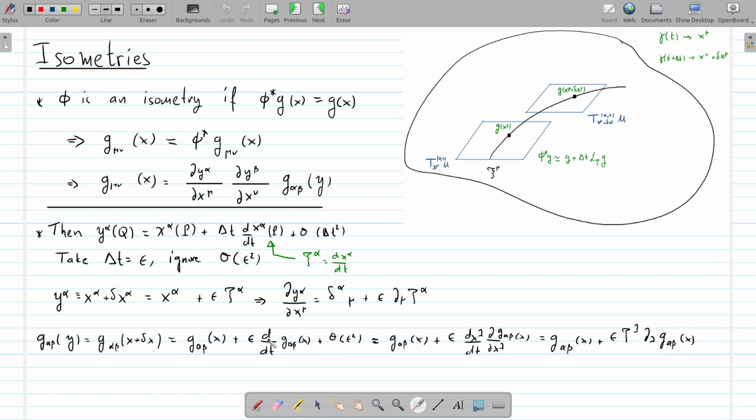And the expansion is done along the curve, so you see the d/dt derivative here. And if we write this derivative in this form here, then we see that g at y is equal to g at x plus ε ξ^λ ∂_λ g_αβ.